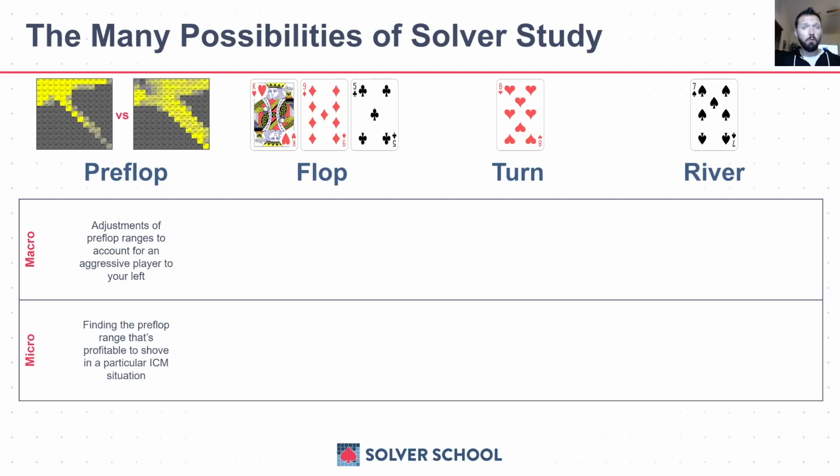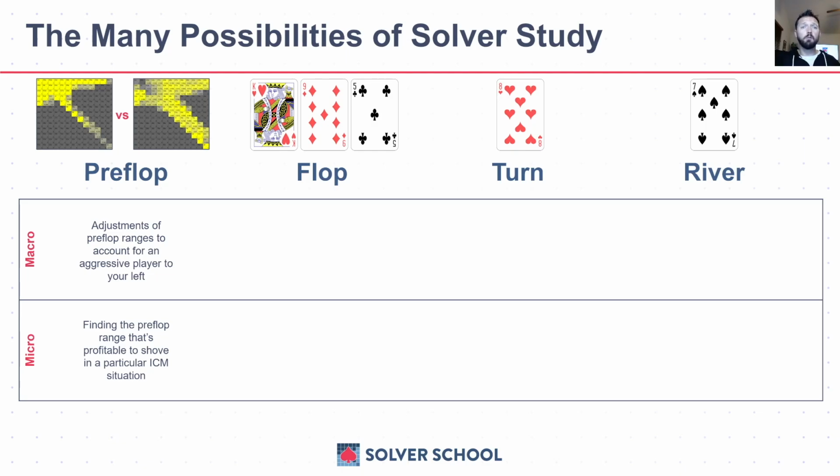At the micro level, we might try to find a specific answer of a preflop range that's profitable to shove in a particular ICM situation. If you play tournaments, you end up in these scenarios a lot where we might be closer to a bubble of a tournament or reaching the final table bubble of a tournament, and ICM tends to be a little bit more significant in our decision-making processes.